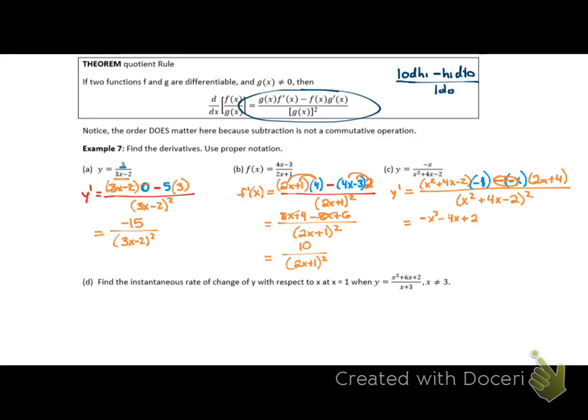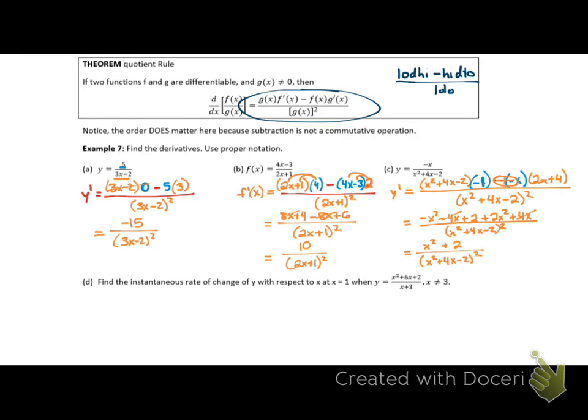So we just end up with plus 2x squared plus 4x all over our denominator. And then we combine like terms. So 2x squared minus x squared is just x squared. Negative 4x plus 4x cancel, and then we have plus 2 all over x squared plus 4x minus 2 squared.